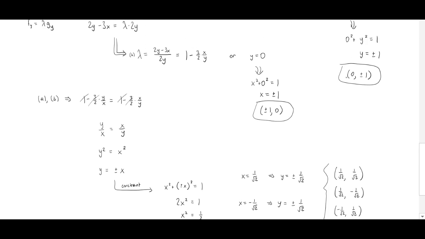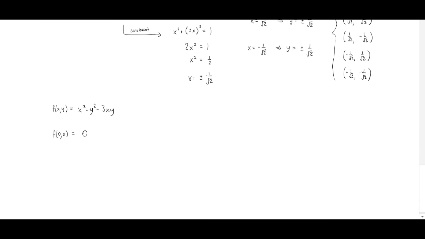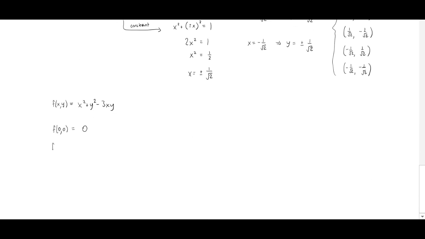Plus, minus, 1. Okay, so let's plug those in. So at 1, 0, we're going to get 1. That's the same at negative 1, 0. And then I guess f of 0 plus or minus 1, I think will also give you 1 as well.